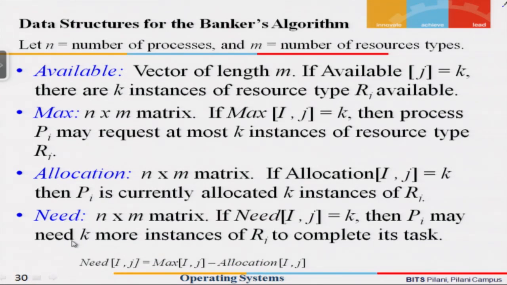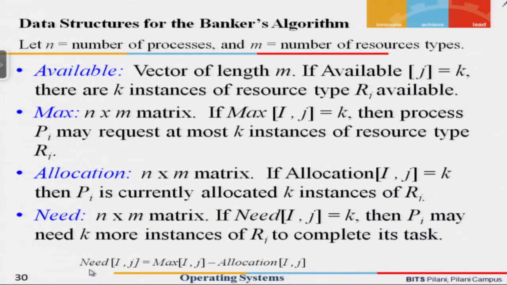It is again similar to the previous matrices, an n cross m matrix, and need[i][j] equals k essentially means that the ith process would need k more instances of resource rj to complete its task.